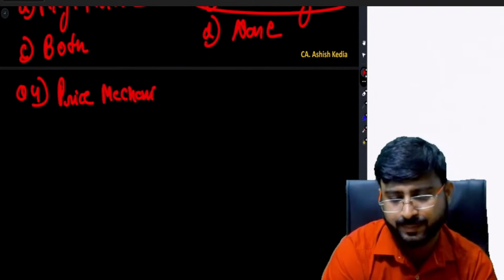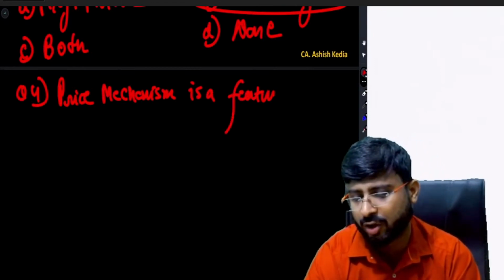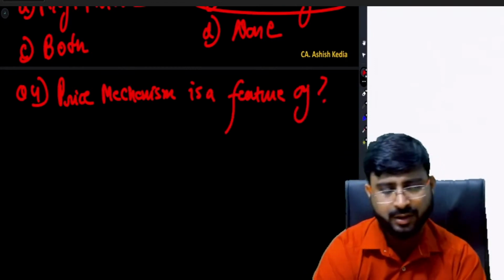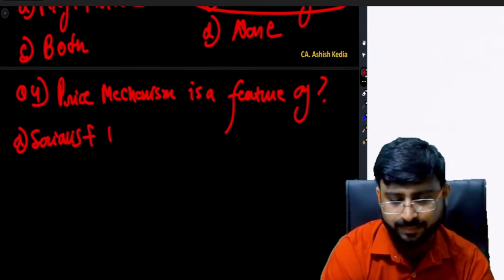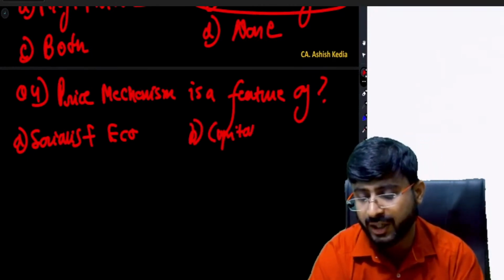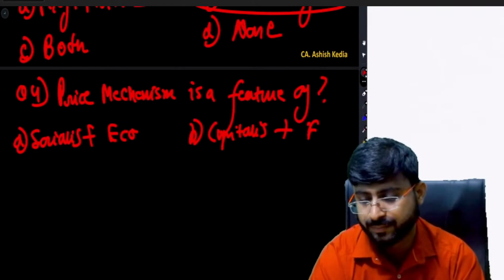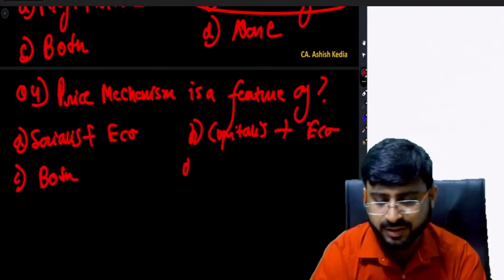Price mechanism is a feature of: A, socialist economy; B, capitalist economy; C, both; D, none.